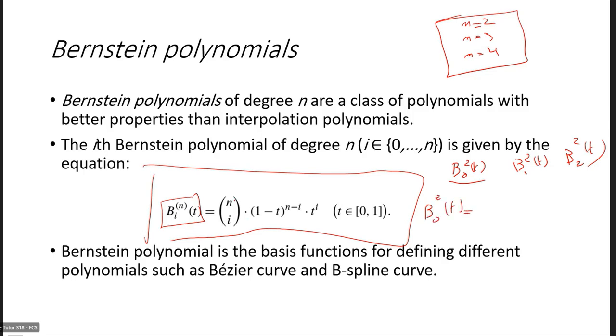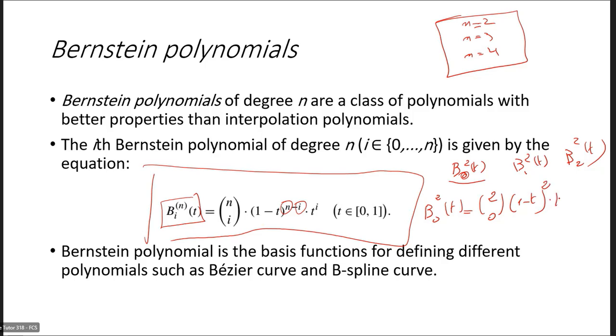Here it is 2 choose 0, multiplied by (1 minus t) to the power of n minus i. Here our i is 0 and n is 2, so 2 minus 0, so it is 2.